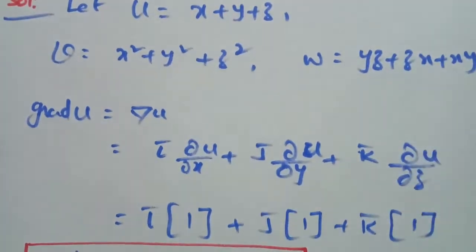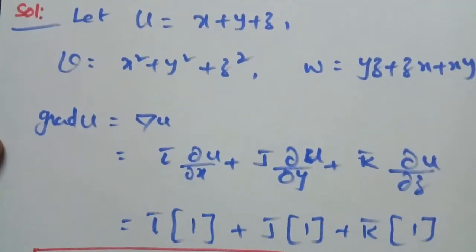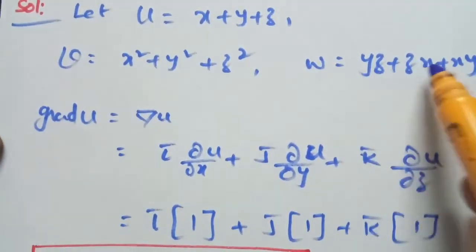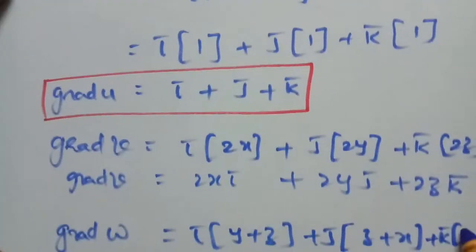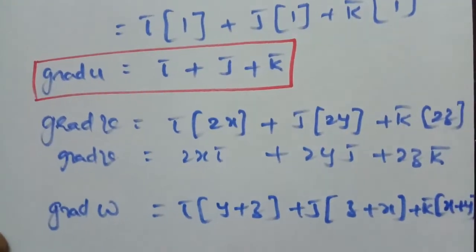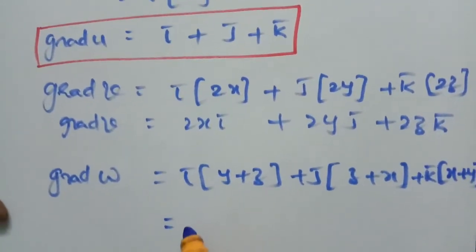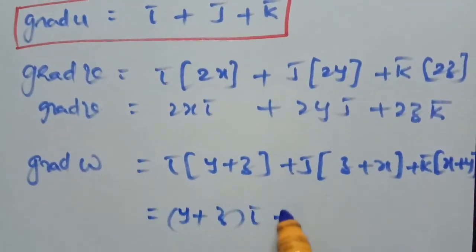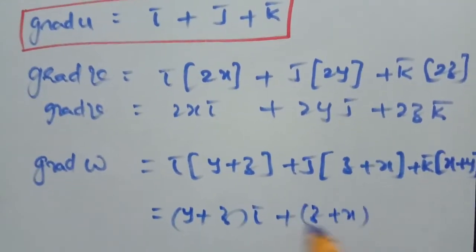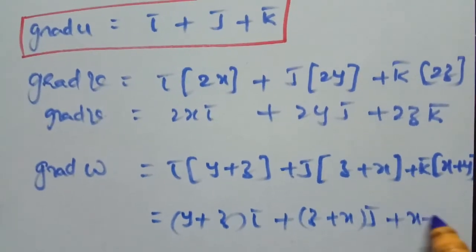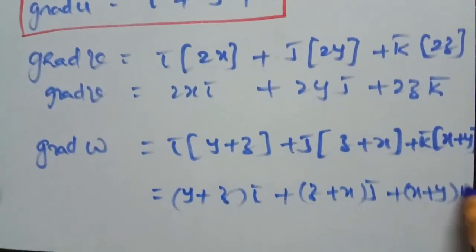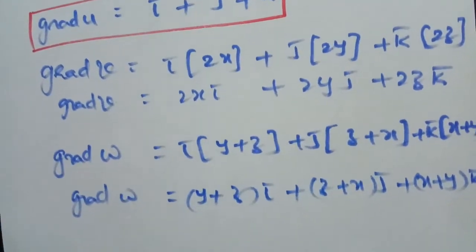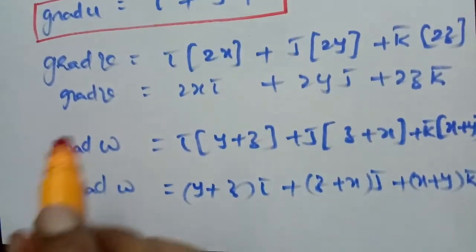So this is 0 plus k bar into with respect to z. So x plus y, other derivative becomes 0. Therefore, this is equal to y plus z into i bar plus z plus x into j bar plus x plus y into k bar. This is grade w.